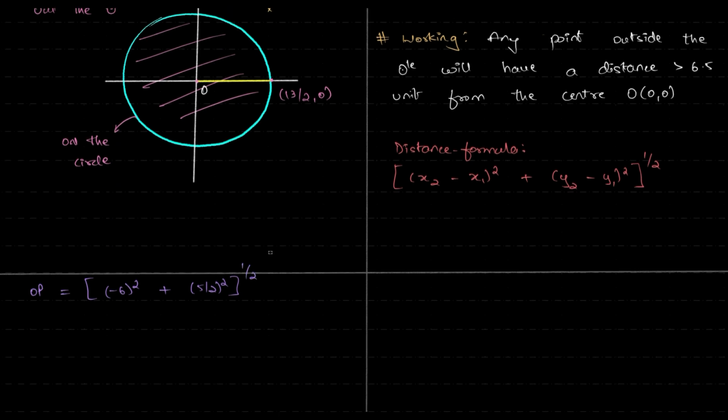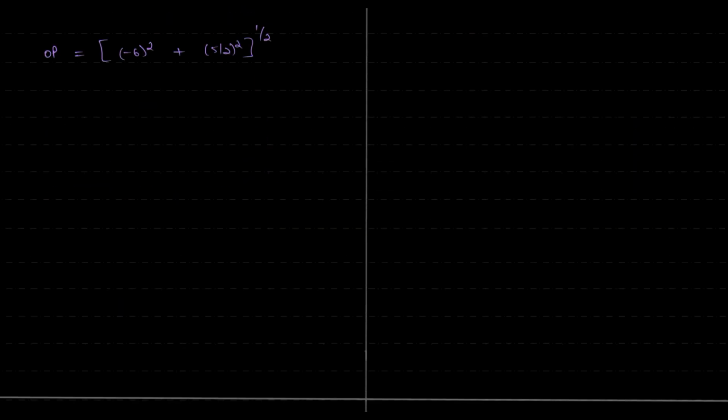Again, understand that we are just trying to showcase this as a 2-marker question. It's not to be done for your MCQs. So this is 36 plus 25 by 4, and we have to take the square root, to the power of half.